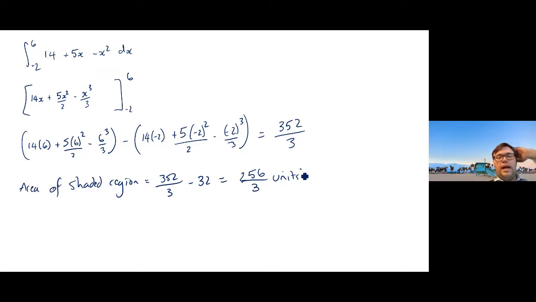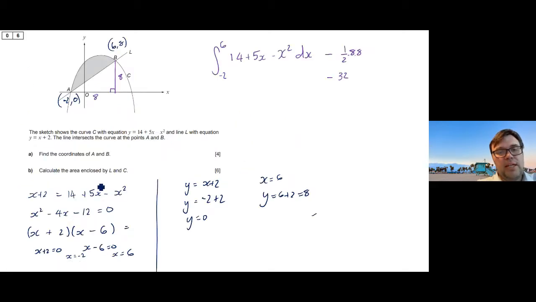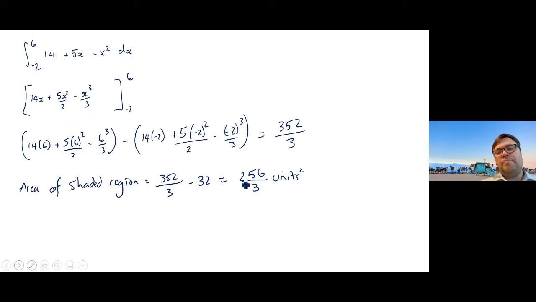I would leave it as 256 over 3; you could put it as a decimal. Had it said to find the exact area, there would probably be an extra mark for that, which is why they left it off. If asked to find the exact area, it would be written as a fraction, or you'd have to put it as a recurring decimal.